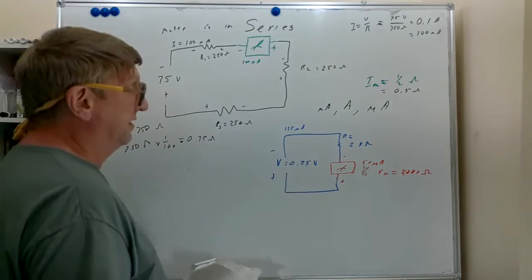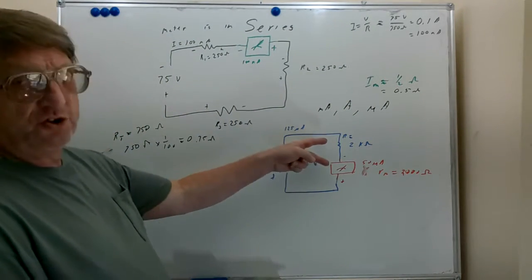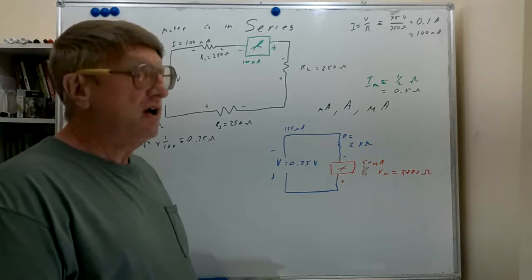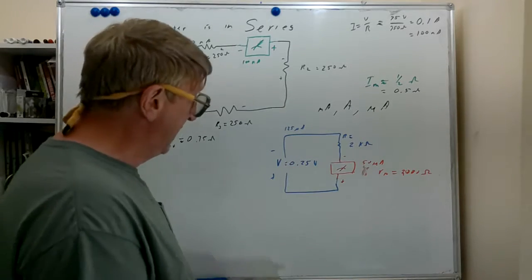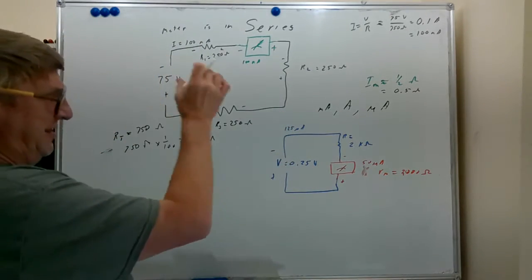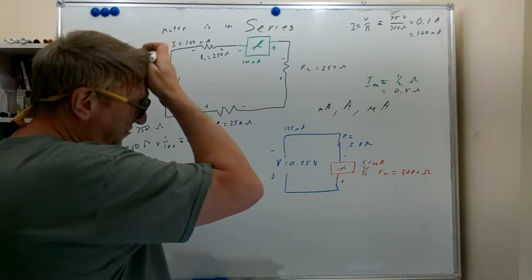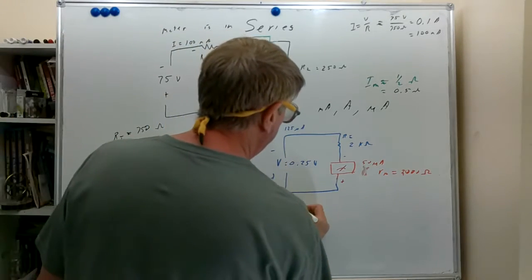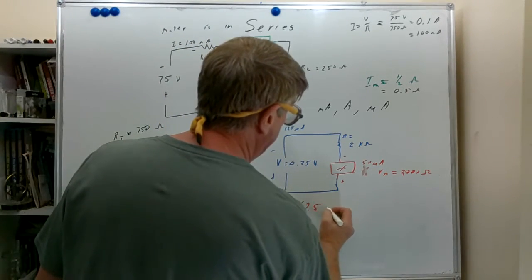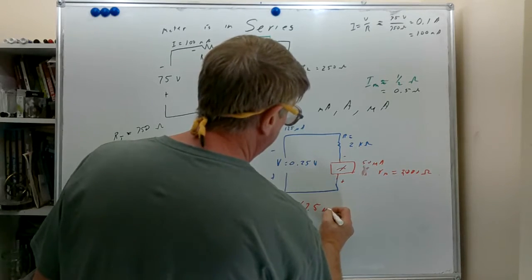What's going to happen here? Instead of having 2,000 ohms in our circuit, we've now got 4,000 ohms in our circuit, and that's going to change our current greatly. That's going to go from 125 microamps to about 62.5 microamps.